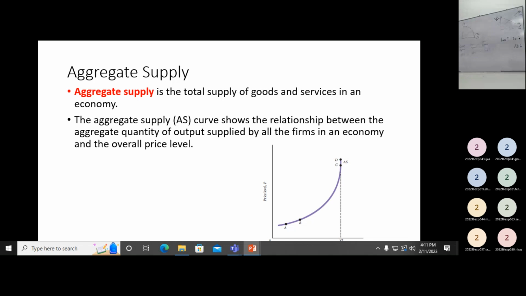In the short run, the aggregate supply curve has a positive slope. At low levels of aggregate output, the curve is fairly flat.